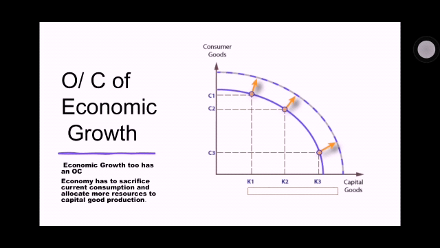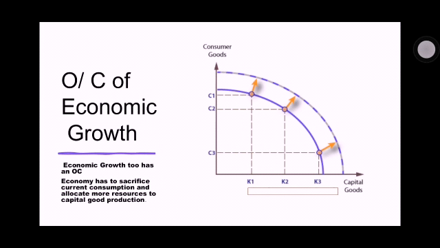Now take a look at this PPC and assume we are producing at the point C2, K2. Now if you want your economy to grow, that is for the production possibility curve to shift outwards, at what point should you be producing? At C1, K1, C3, K3, or continue producing at C2, K2?